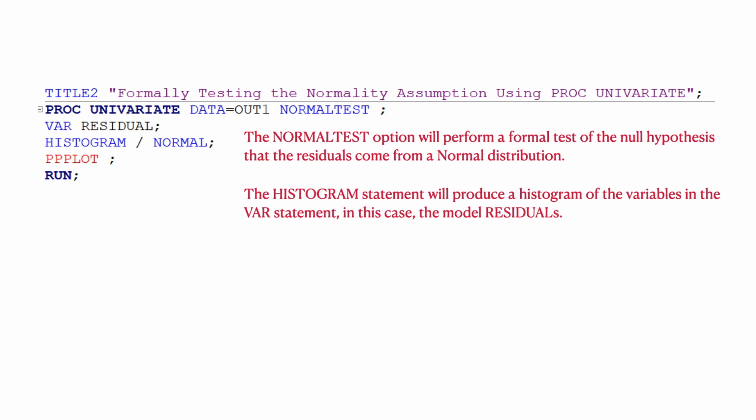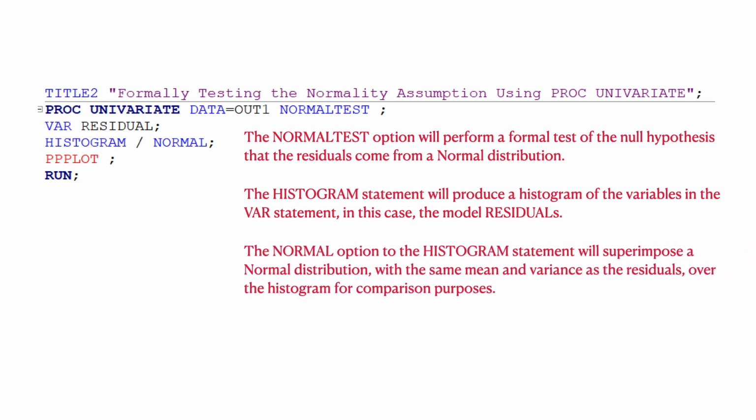In addition, the HISTOGRAM statement will produce a histogram of the variables in the VAR statement, which in this case is the variable residuals, that contains the model residuals. And so the HISTOGRAM statement is going to create a histogram of the model residuals.